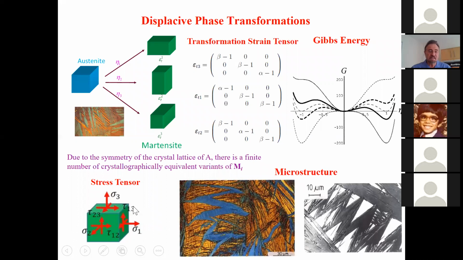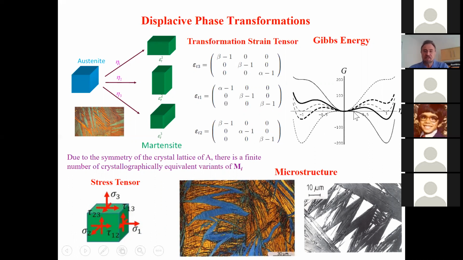And this is a schematic of all 6 components of the stress tensor. And when they produce work along the transformation strain, this is the main mechanical part of the driving force. It's not just pressure times volumetric strain, it's a product of all components of the stress tensor on the corresponding component of the transformation strain tensor.